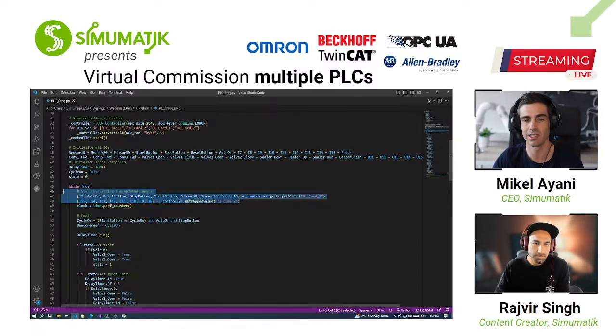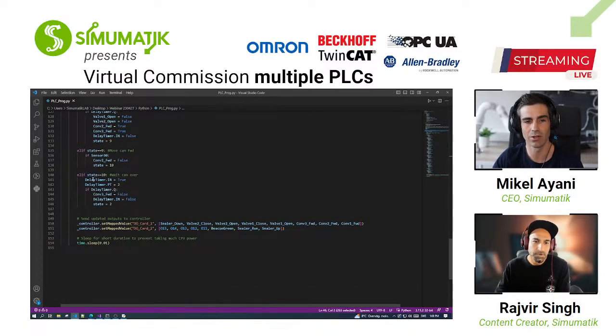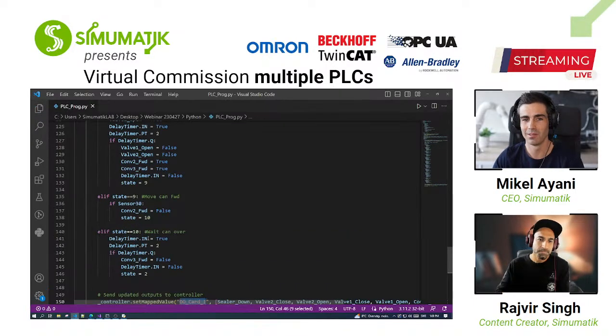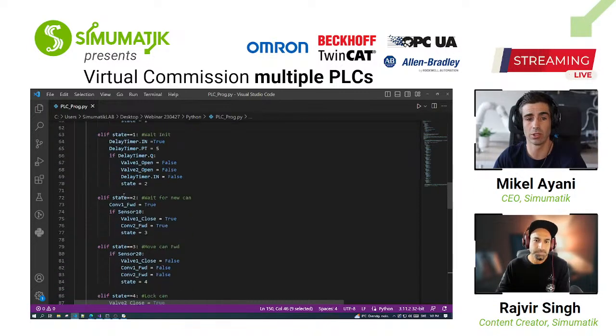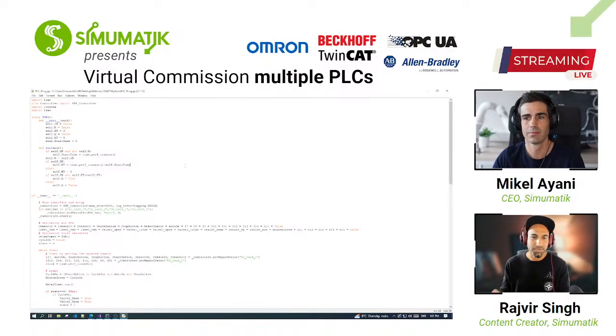I do that in the beginning, I run my logic, and at the end, for all these outputs I've been setting, I do the opposite: I do set map value and route them to DO1 and DO2. This replicates the scan cycle: a while or infinite loop, read inputs, execute logic, and write outputs.